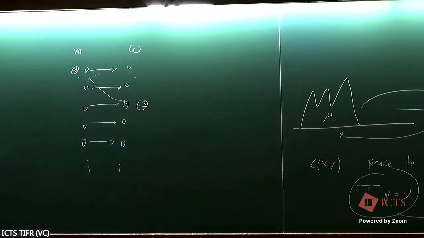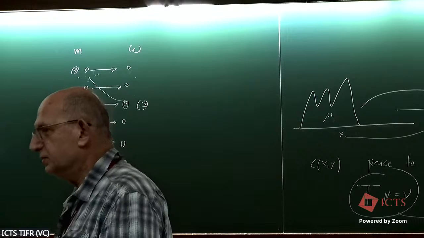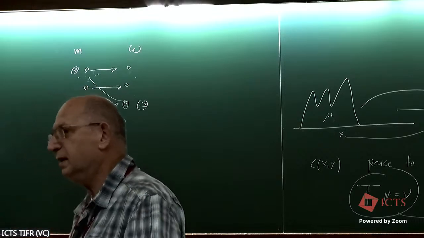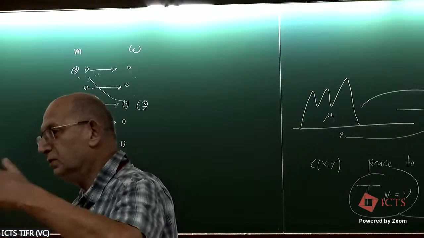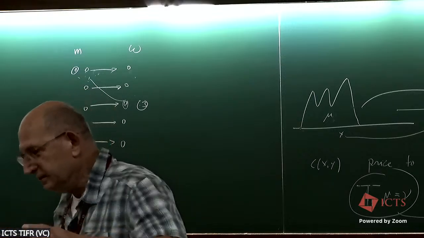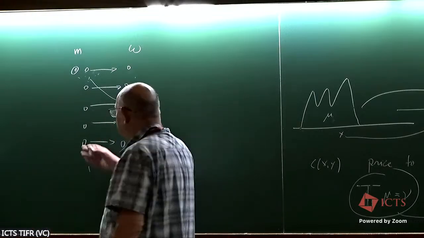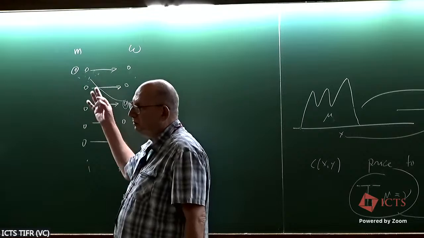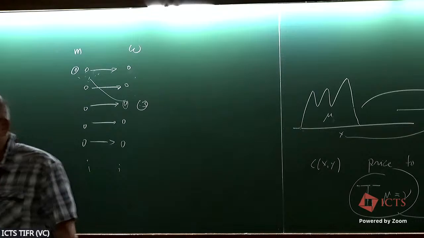At the end of this stage, some women may get proposals, maybe more than one. Maybe a woman didn't get anything, but each woman who got more than one proposal accepts the one which is the best on her list from those who proposed to her, and releases the others. So at the end of stage one, there are men who are engaged, and all the others were rejected.